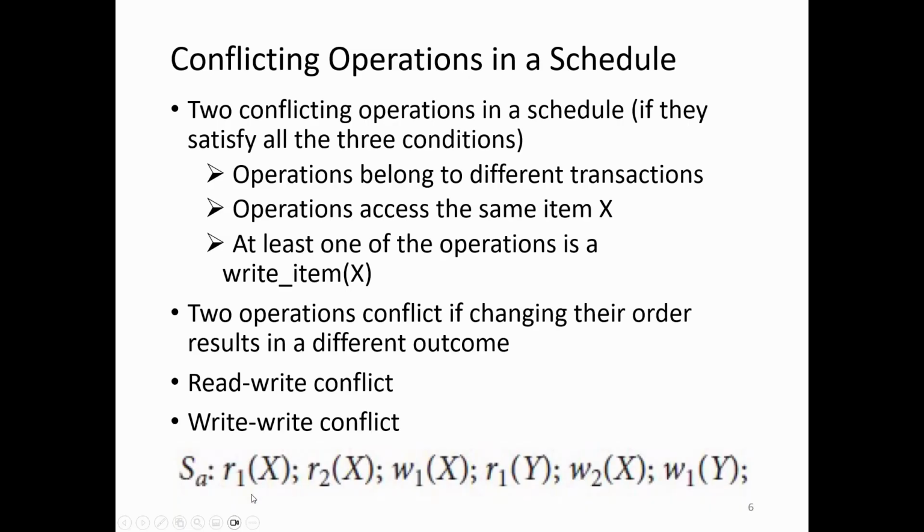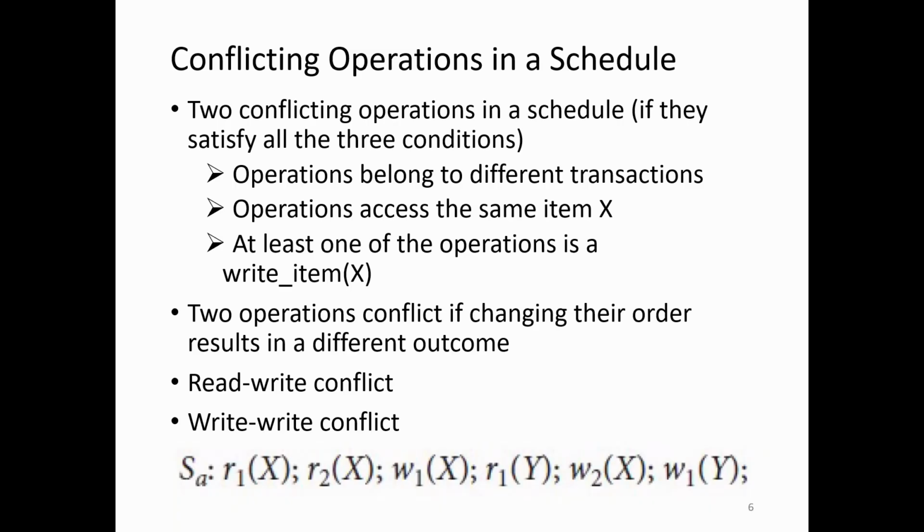Here, this R1X is conflicting with W2X because these two operations satisfy all three conditions. The two operations belong to two different transactions, T1 and T2. R1X is coming from T1 and W2X is coming from T2. So the first condition is okay.